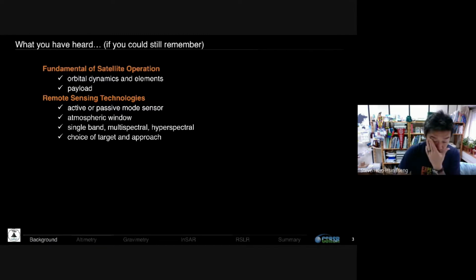So the keyword I want to emphasize: radar itself is weather-free. It's basically sunlight-free, so we can work day and night. So that's the basic introduction about radar satellites.